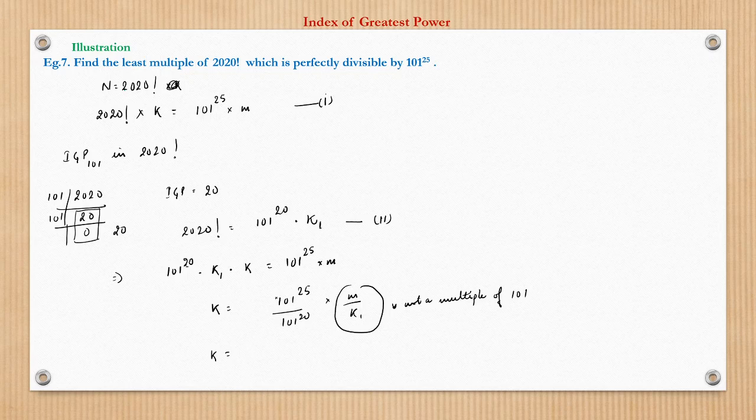So k should be 101 raised to power 5. So this should be the answer. It means that at least this 2020 factorial should be multiplied with 101 raised to power 5 so that it becomes divisible by 101 raised to power 25. So this is the answer, right?